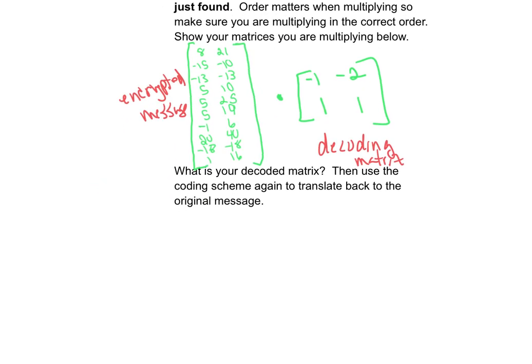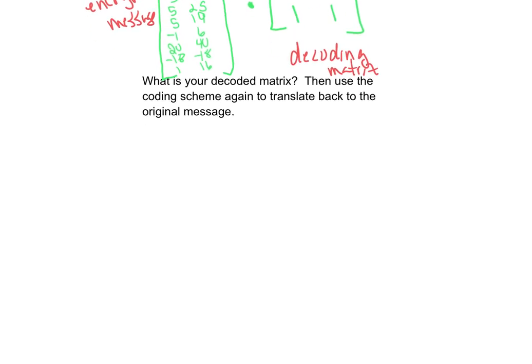Okay, so when you multiply those two together, you're going to get a 10 by 2 matrix again. So put those in your calculator, and when you multiply your 10 by 2 by a 2 by 2, you're going to end up with a 10 by 2 again.